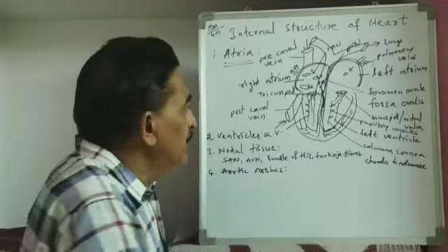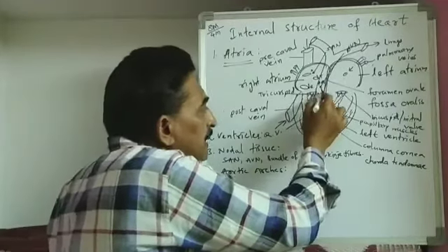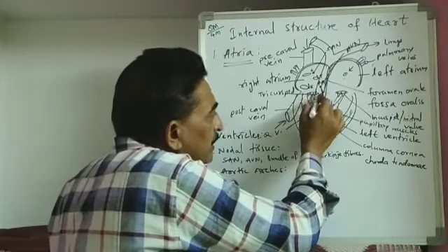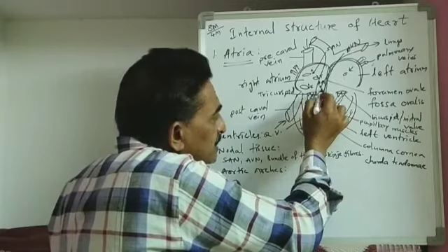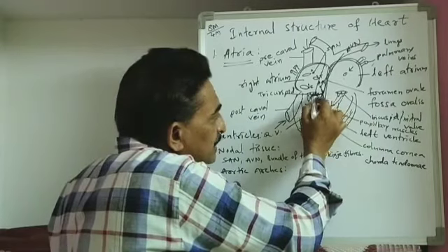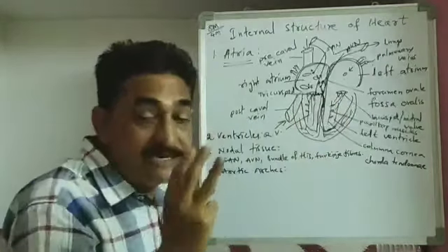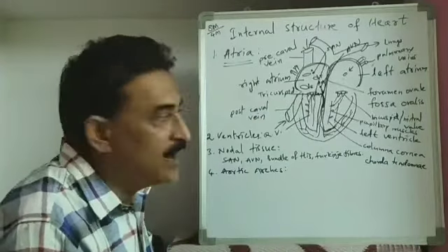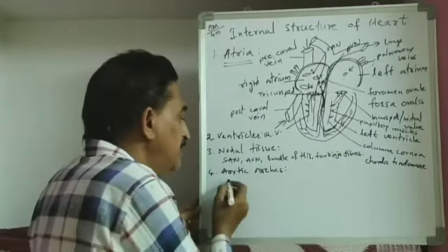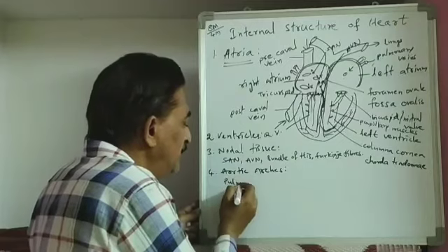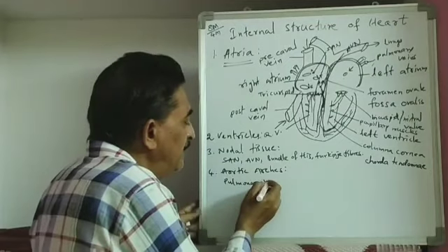At the junction where it arises, three semilunar valves are there, called the pulmonary valve.